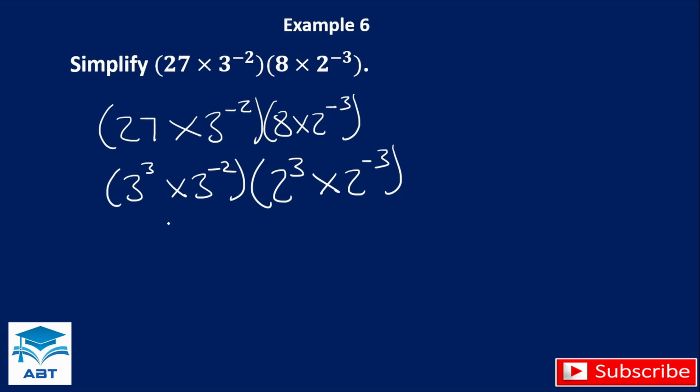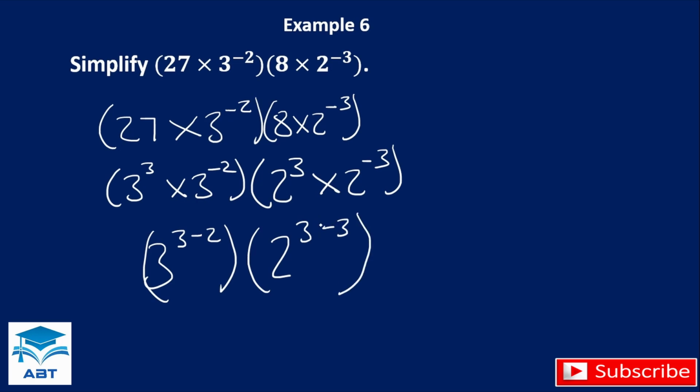And according to the multiplication law of indices, when the bases are the same, we add the exponents. So we have 3 here, plus negative 2. When the plus sign meets the negative sign, we maintain the negative sign. In another bracket, we have 2 here. We add the exponent, that is 3 plus negative 3.